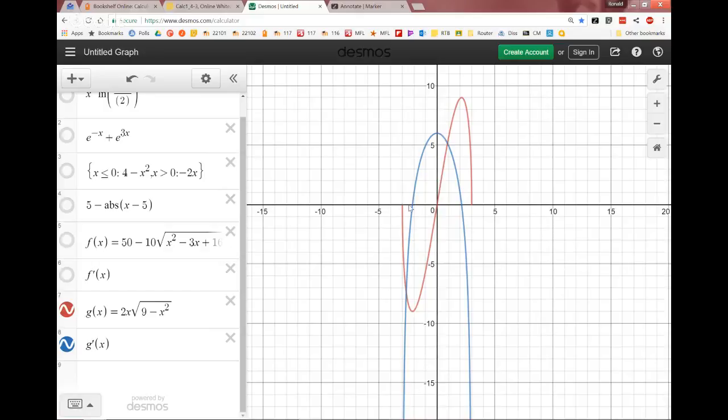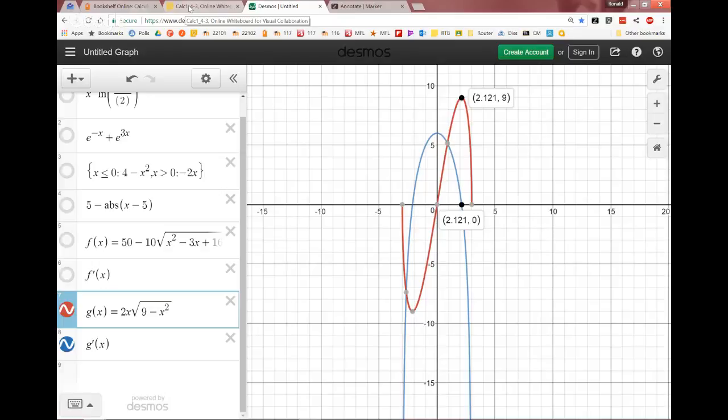And according to this, that would be there and there. Why is that? Because at that point, we're at a minimum, and at this point, the derivative is 0 because we're at this maximum up here. We don't have any non-differentiable points, so that's the end of that part.